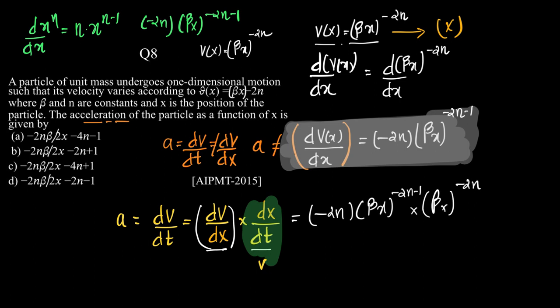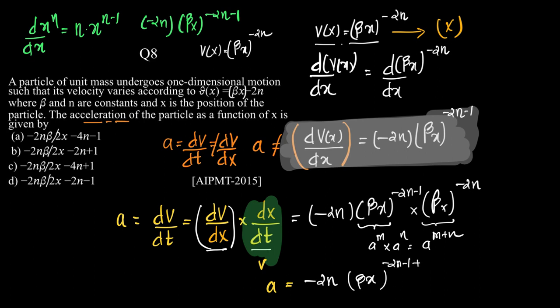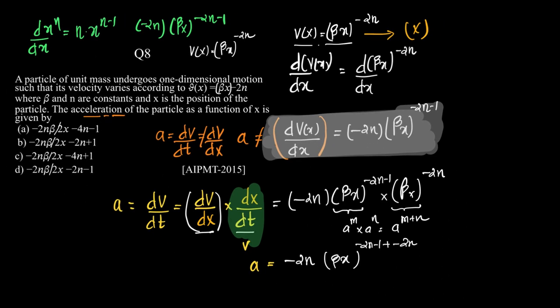So acceleration A is equal to minus 2n into, considering a to the power m into a to the power n, which is nothing but a to the power m plus n, so we have minus 2n into (beta x) raised to minus 2n minus 1 plus minus 2n.